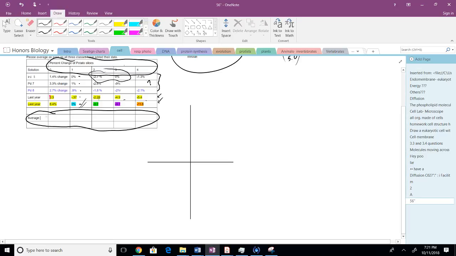So your y-axis is going to be your percent change, and of course we're going to use our average. And go ahead and use the data from last year as well, because it's nice to be able to share and collate as much data as possible. The law of large numbers, right? And then our x-axis is going to be your salt solution.